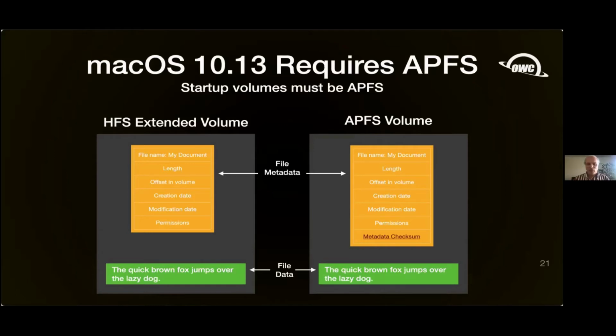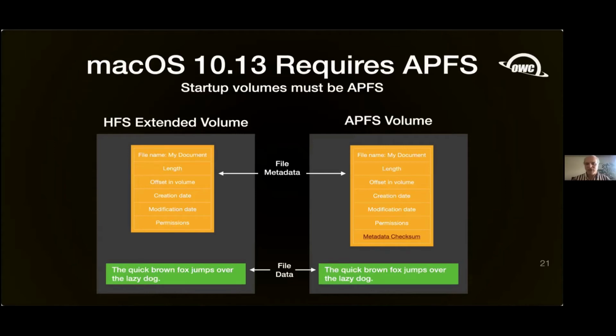And this is the reason why we don't see much of a need for DiskWarrior on APFS volumes. We have a test that we can run in the office here where we can basically make an HFS Extended volume unwritable and unmountable in less than 5 minutes. And it involves writing to the file and pulling cables a couple times and doing stuff like that. We can run the same test on an APFS volume.